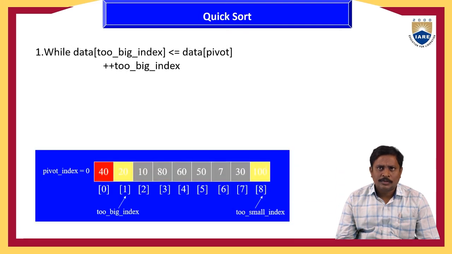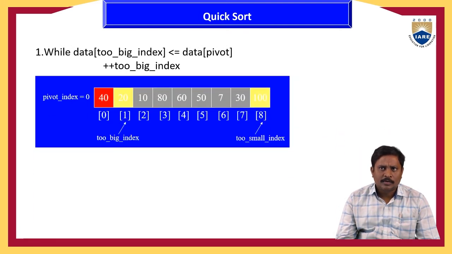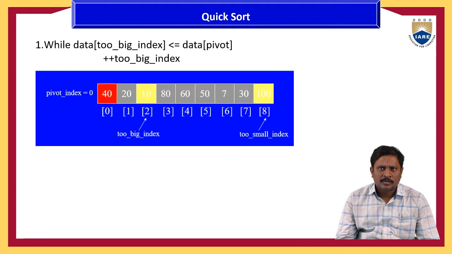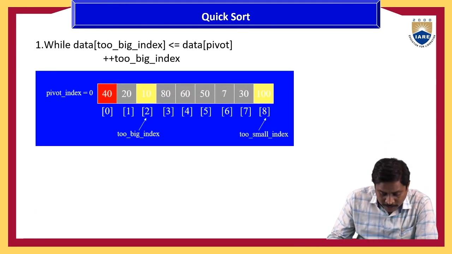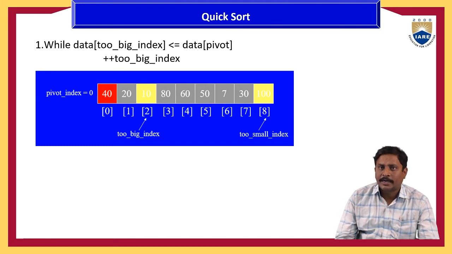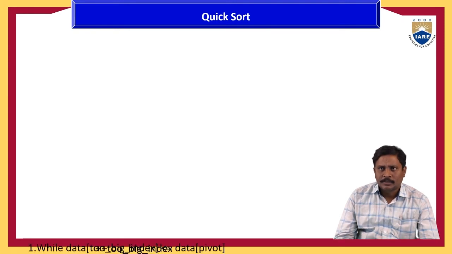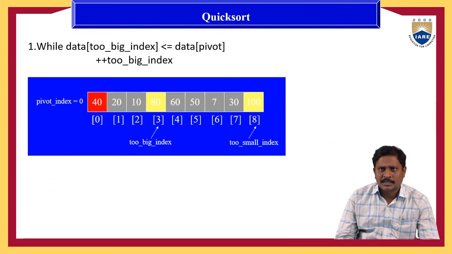Now we observe that 20 and 100 both are in order. Next, move to the next element. The next element is 10, the last element is 100. 10 is less than 100. The next element is 80. 80 is less than 100. So the third element is also in proper order.